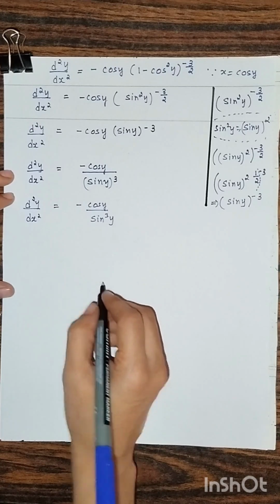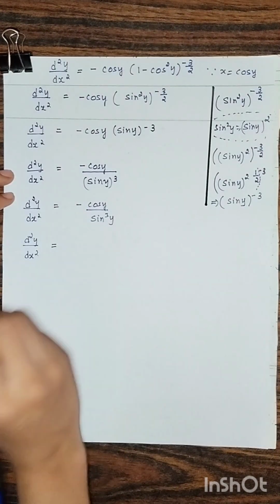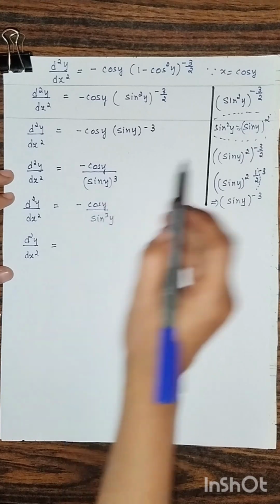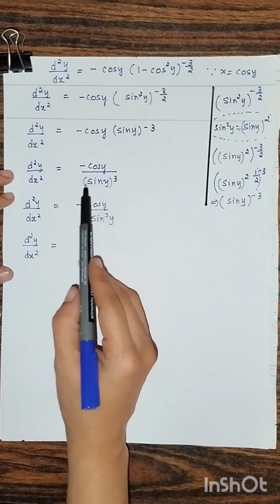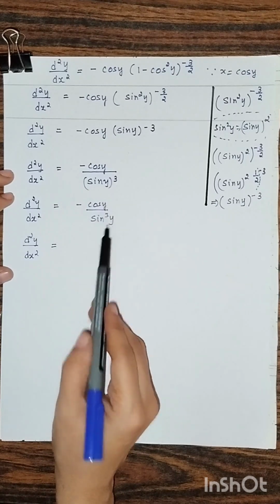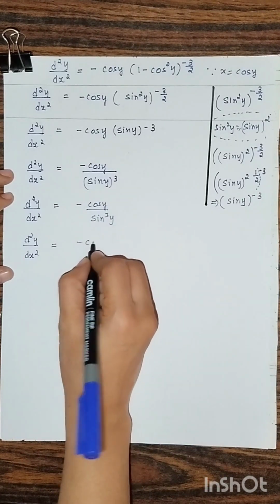Both are the same. See here, when we have sin square y, we can write (sin y) the whole square. So when we have (sin y) the whole cube, we will write sin cube y, so that we can simplify.